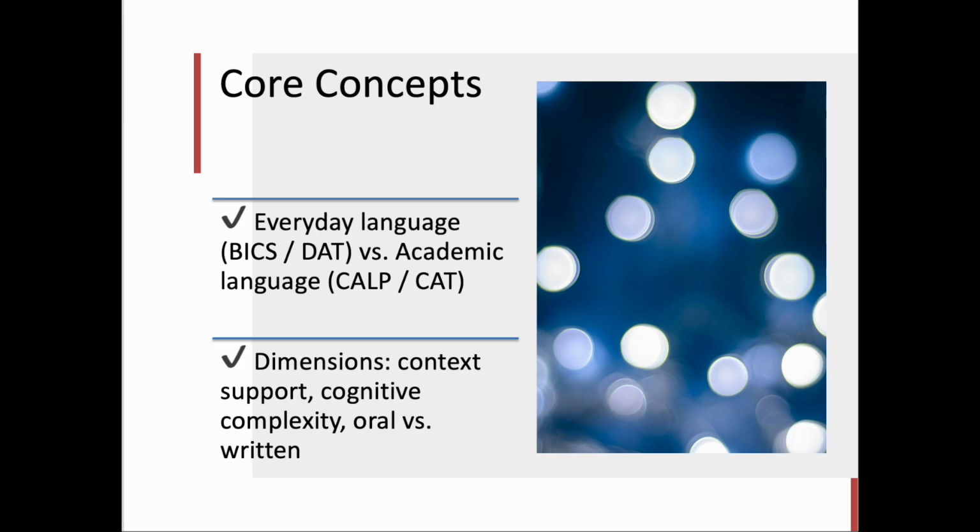And that there are dimensions of learning. So, we need context support. There's different levels of complexity in terms of cognitive load, and whether material is oral or written will definitely play a role in learning.